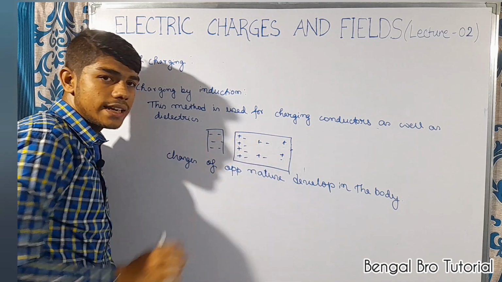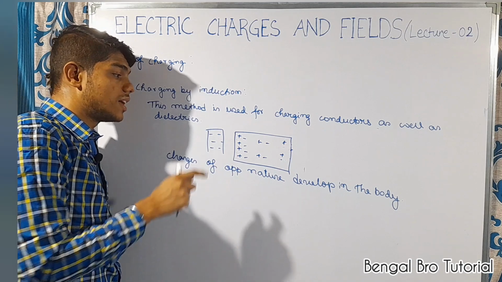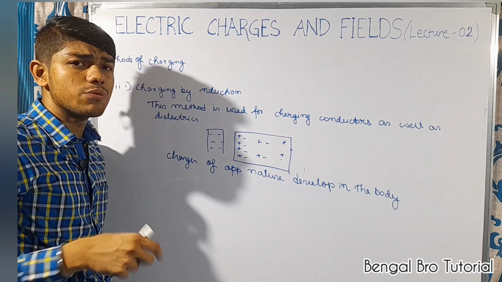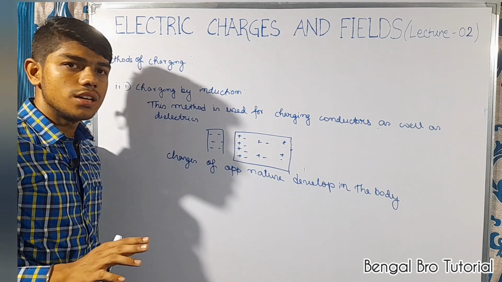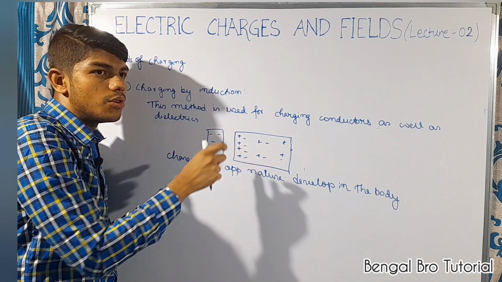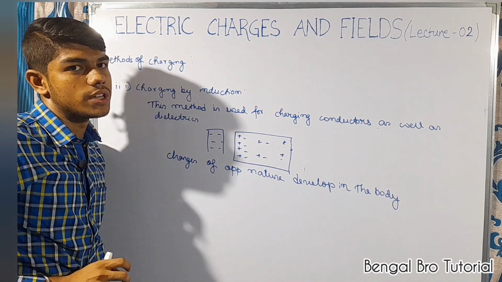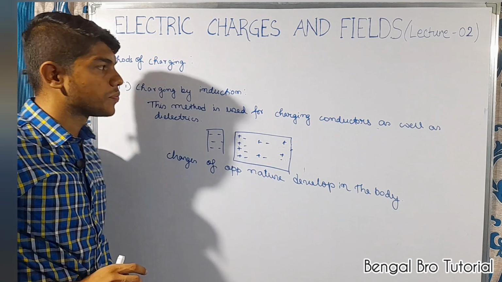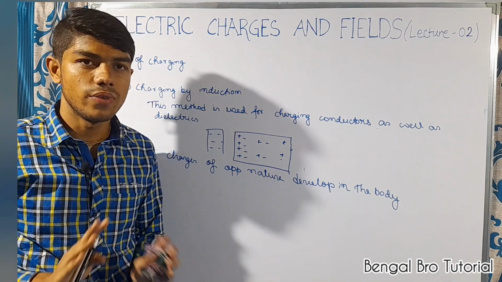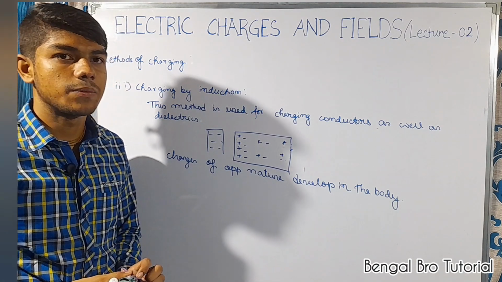But in case of dielectric, the charge acquired will be less than the charge that is present in the body that was used for charging. Understood? So this is a dielectric. In this case, the charge acquired will be slightly less than the charge present in the body used for charging. I hope that you all have understood very clearly about the three methods of charging.